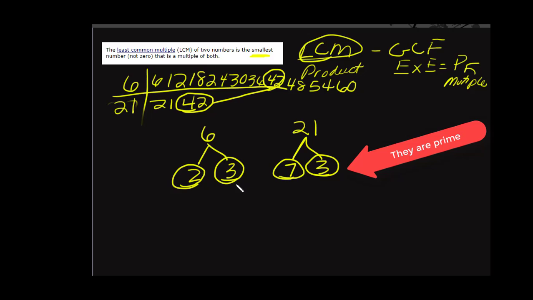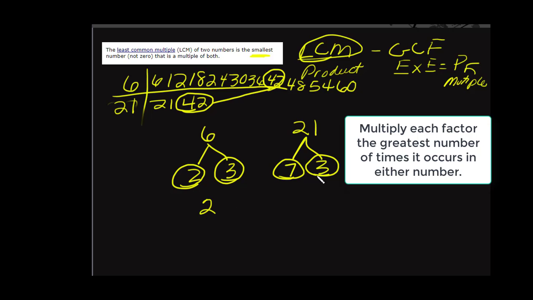Now, when you're finding the least common multiple, you take the one that you see the most. So it's 2. We see 3 once, so we'll write that down, and we see 7 once. So each of them, the most we see them is once. So then you can multiply them. 2 times 3 is 6.